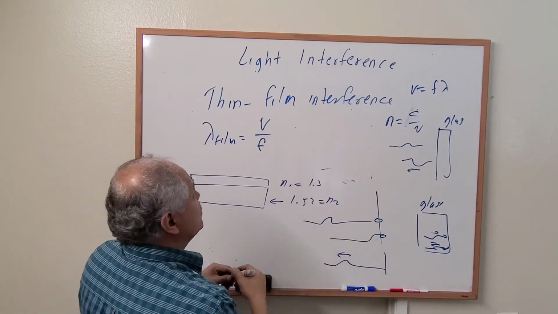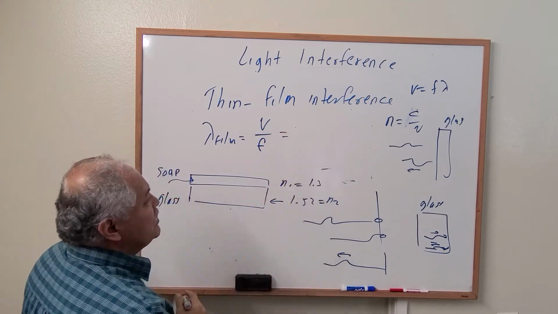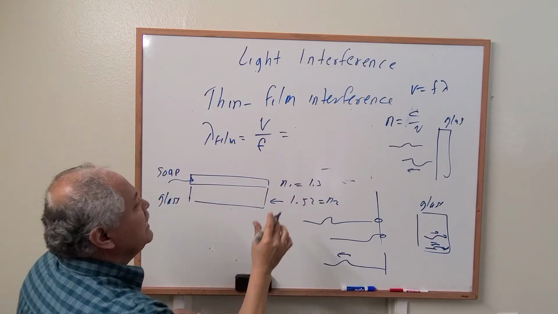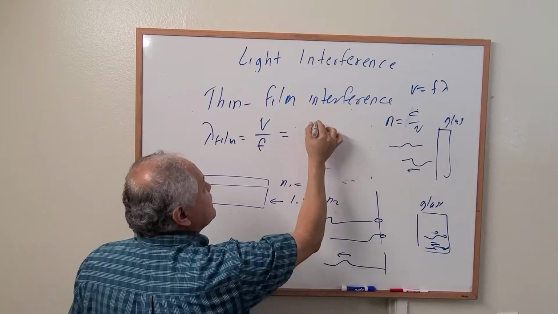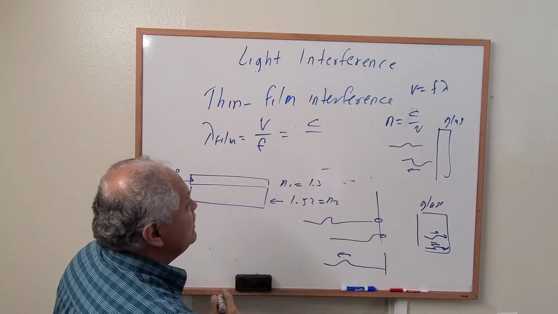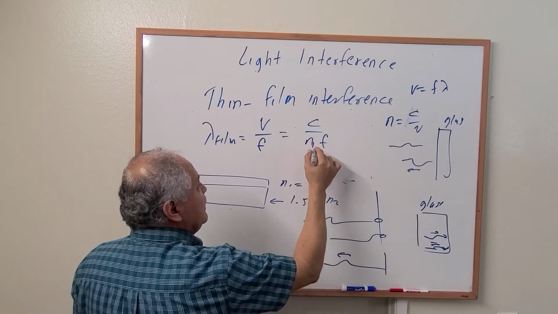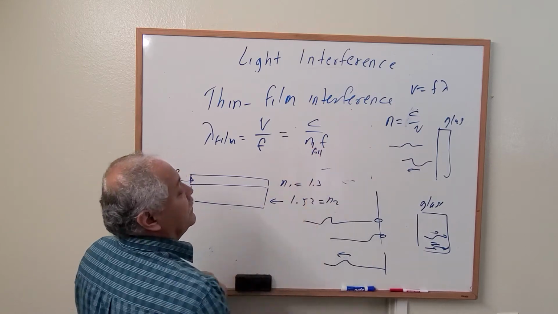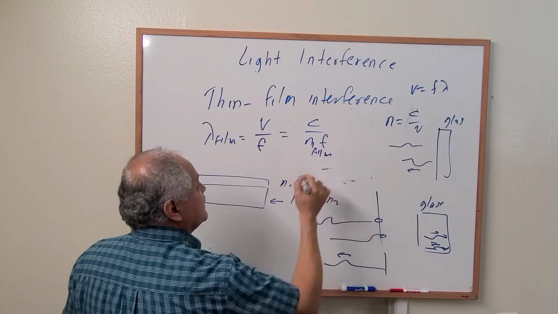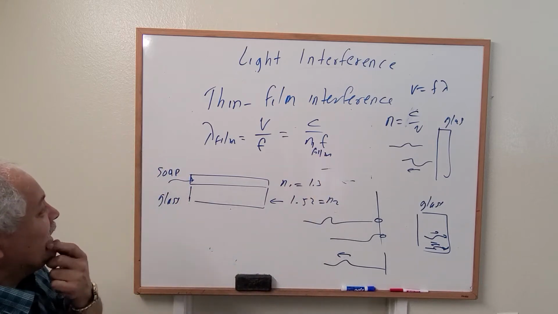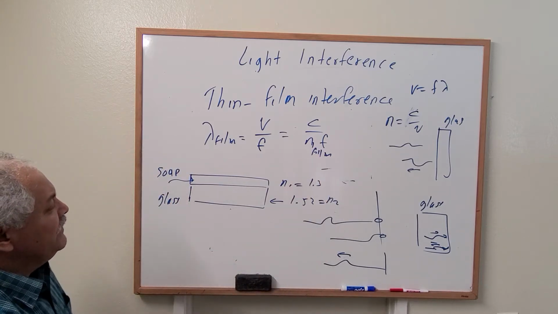V is equal to C over N times frequency. Which N is this? N of the film.